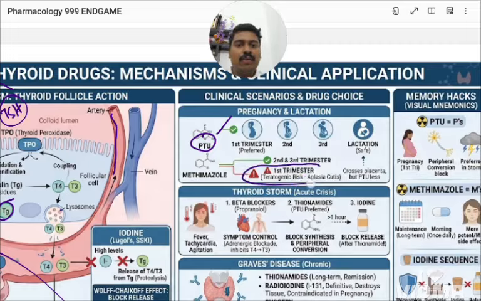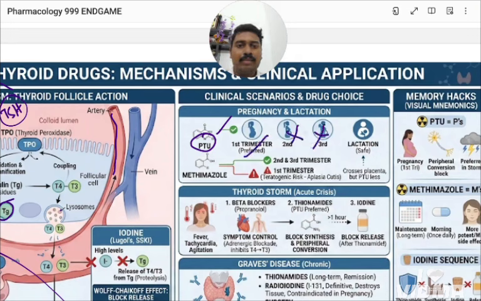Now during the second and third trimester, methimazole becomes the drug of choice. That is because most of the teratogenic effects, that is congenital anomalies, occur during the first trimester. In the second and third trimester, no congenital anomalies occur. Now what about propylthiouracil? In the first trimester it is preferred.